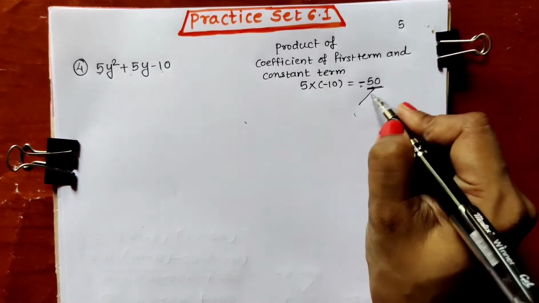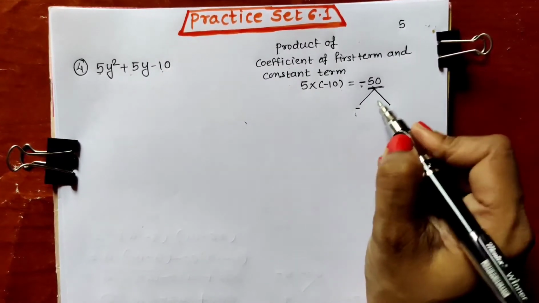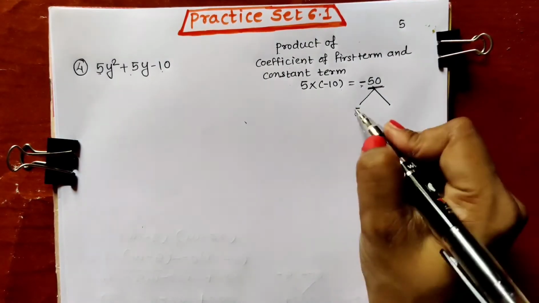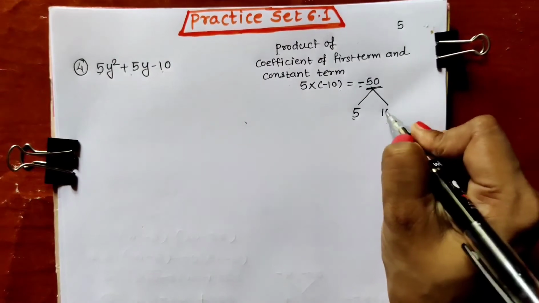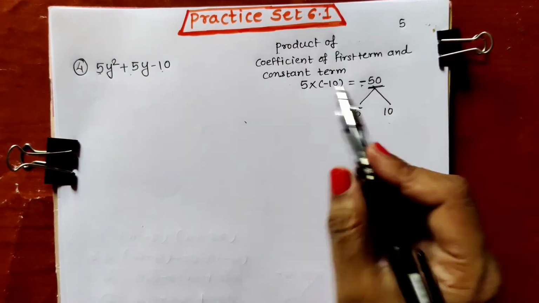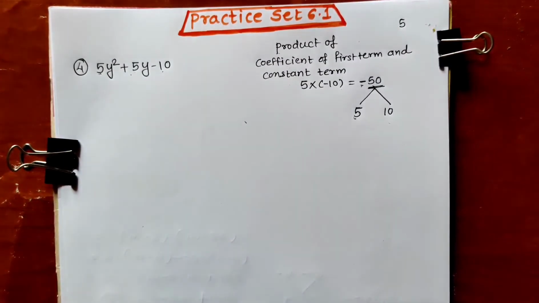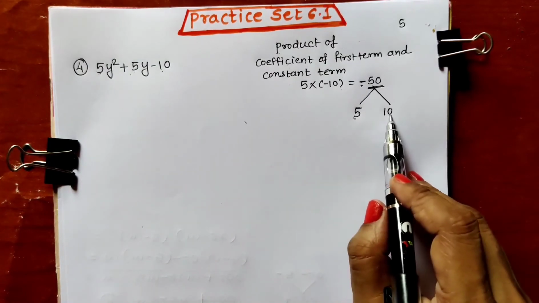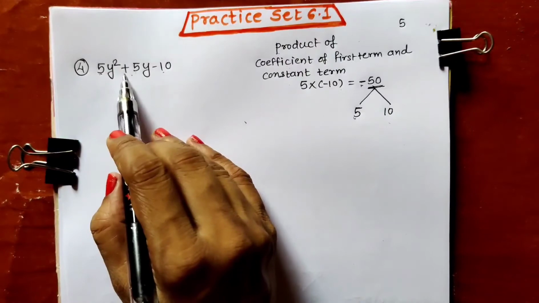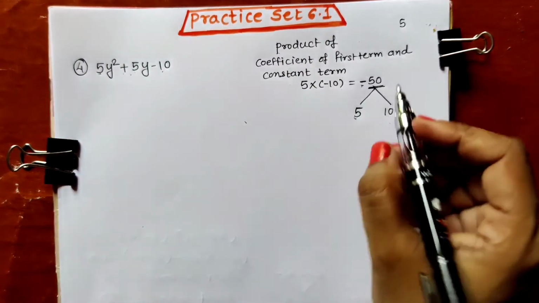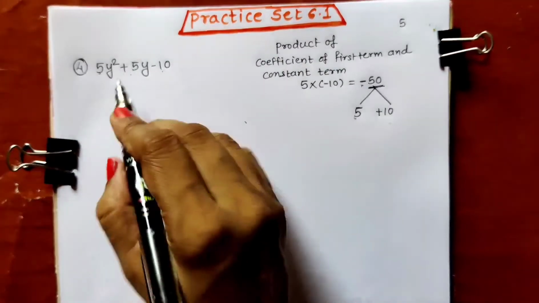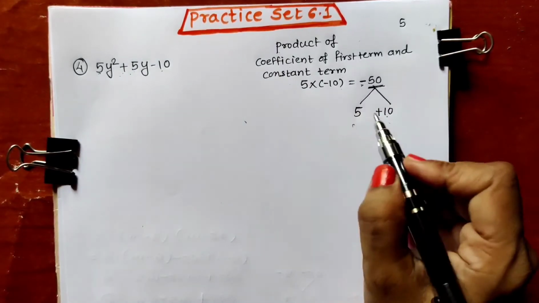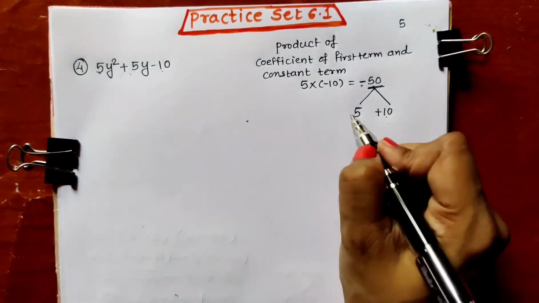So two factors of 50 we all know. 5 tens are 50 and 10 minus 5 we will get answer as the middle term. Now while giving the sign to these two factors, we all know the sign of middle term should be given to the bigger factor and then the smaller factor will have the opposite sign.